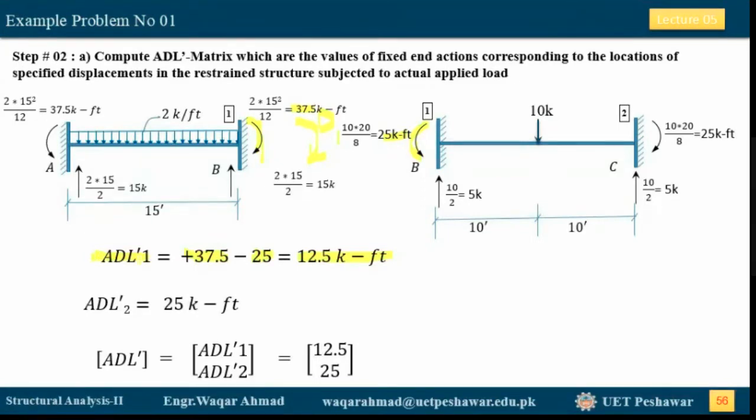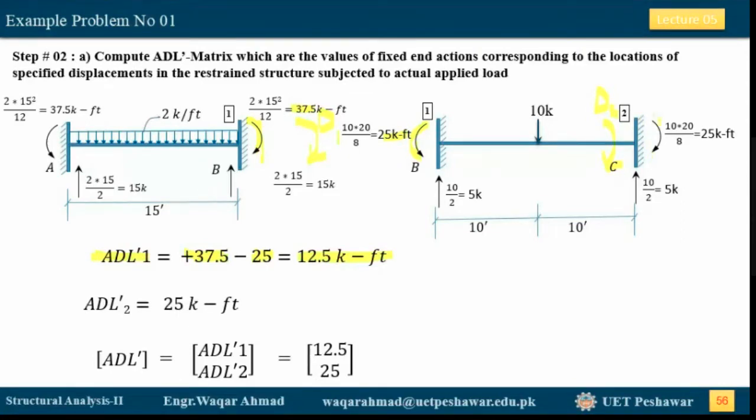Okay, so now what is the A real 2 dash value? It corresponds to the next specified displacement, D2, which, if you remember, we specified at this support, and it was assumed to be clockwise.